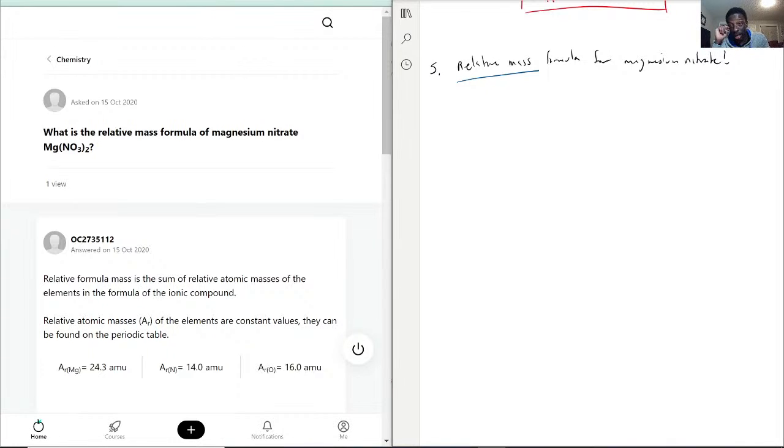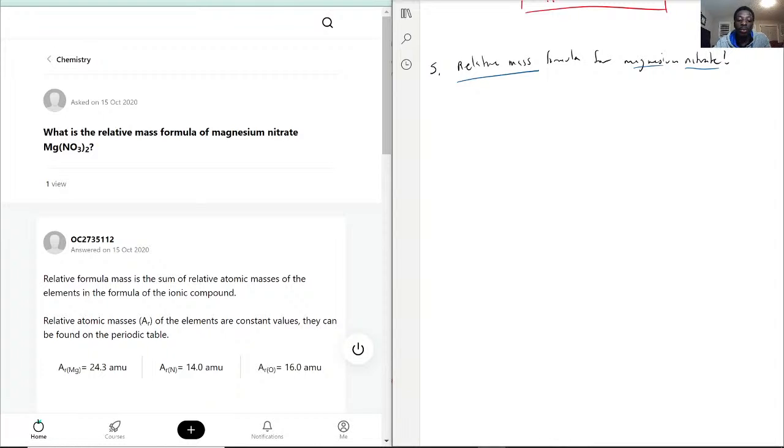And technically, yes, this is relative because molecular masses can vary based on the type of isotopes forming that compound. But in this case, they want you to gather the atomic masses of each component of magnesium nitrate and add them together to get a total atomic mass, if that makes sense.